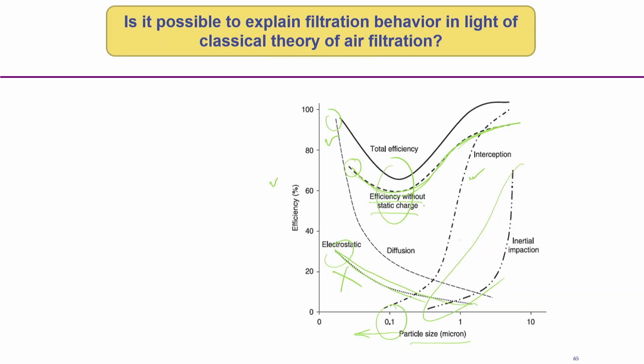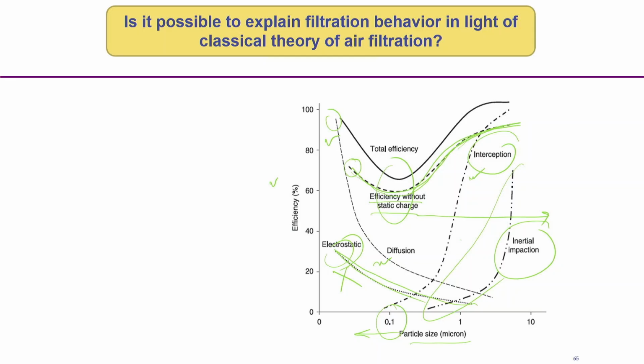And as we go on increasing the particle size, although Brownian diffusion is not that effective, due to the interception and inertial impaction the filtration efficiency will increase again. When we charge the filter with electrostatic charge, we get a similar trend, but the overall efficiency will be increased.